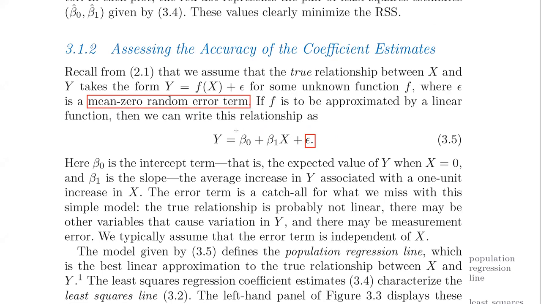And beta naught, as a result, is what you would expect for y when x is an input of 0, right? So here, beta naught is the intercept term. That is the expected value of y when x is 0.